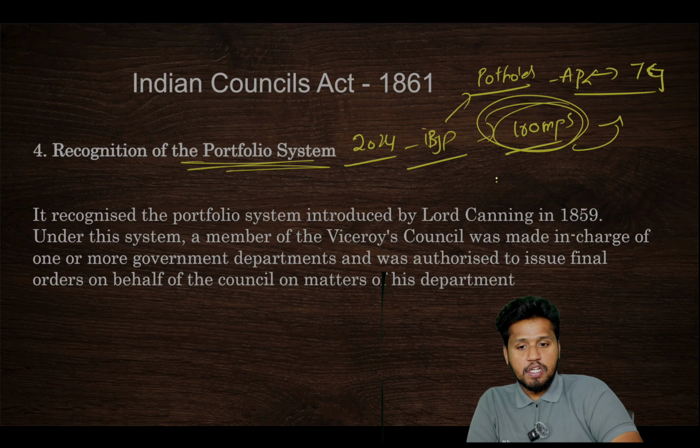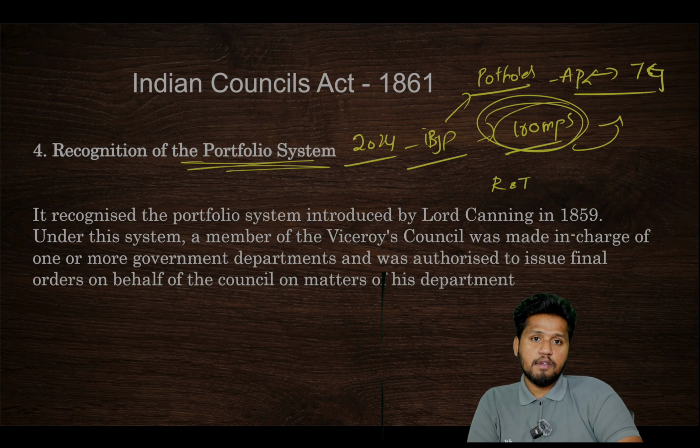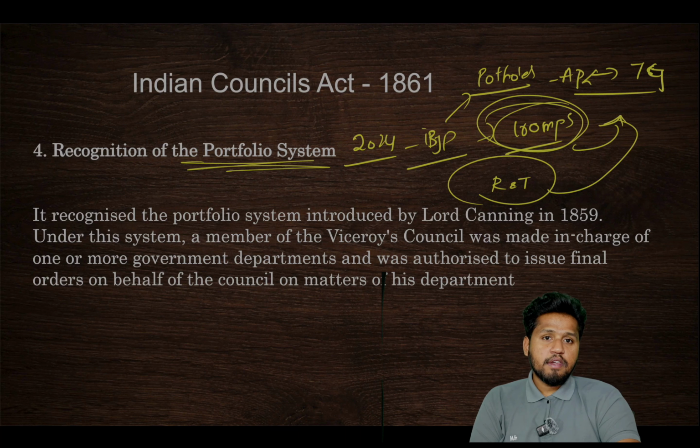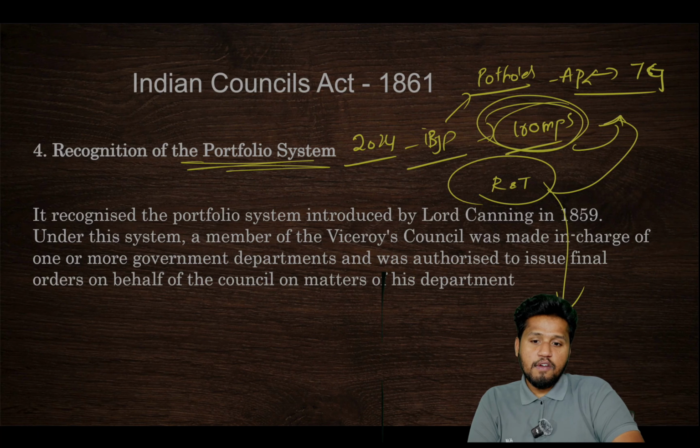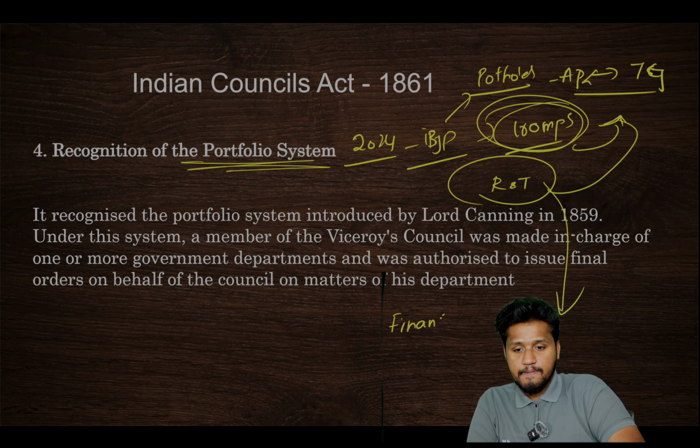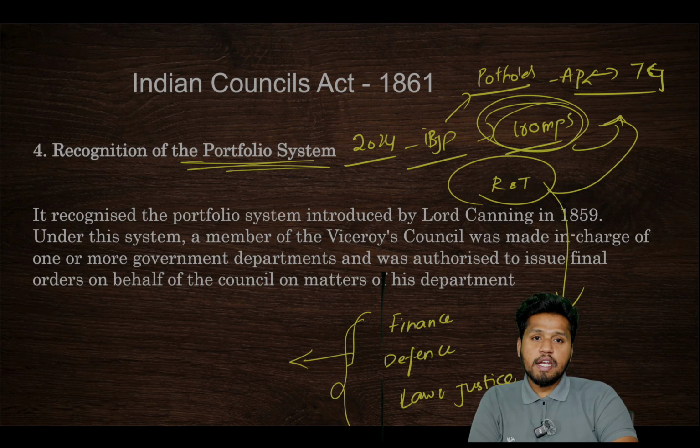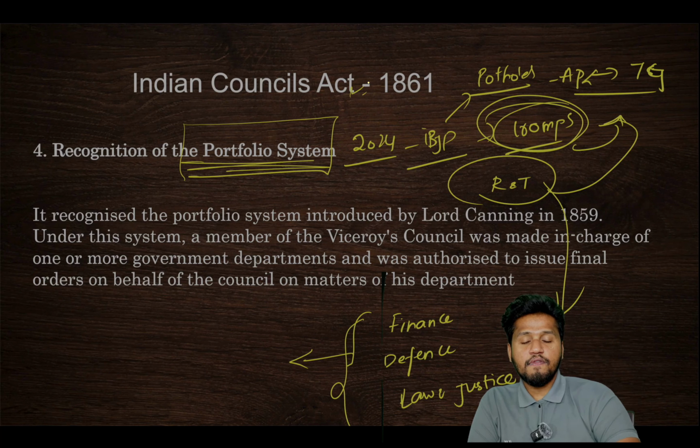There is a certain Ministry of Road Transport which takes care of a new road or covering those potholes between two states. Understood? The same way, there are other things to take care of, such as finance, defense, law and order. That is how the Indian government works right now. It has its roots in the Indian Councils Act of 1861, where the portfolio system was created. Let's understand.